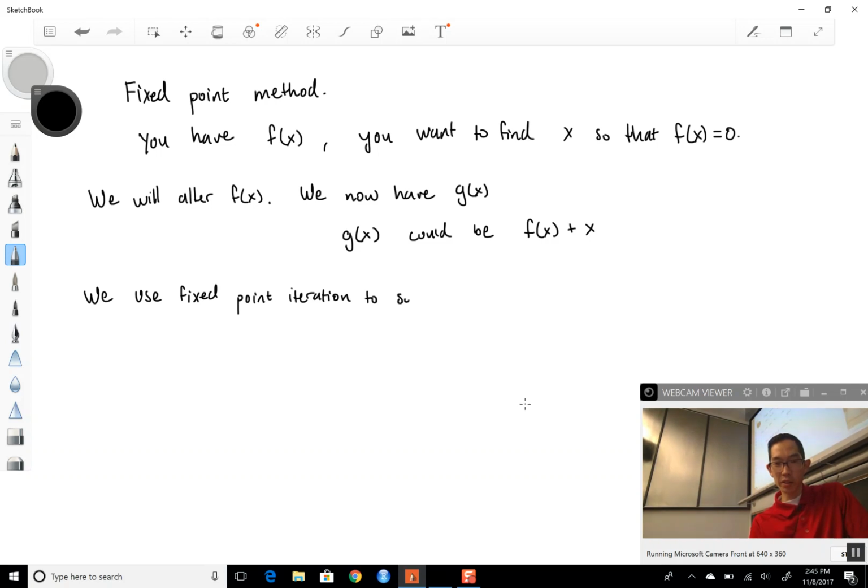To solve for g of x equal to x, okay? So if we find a solution for g of x equal to x, then that will be where f of x is equal to 0.